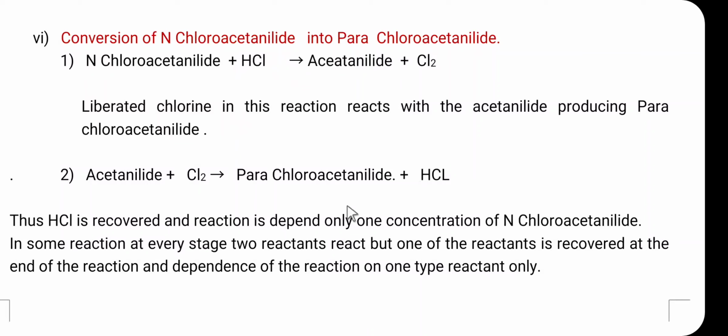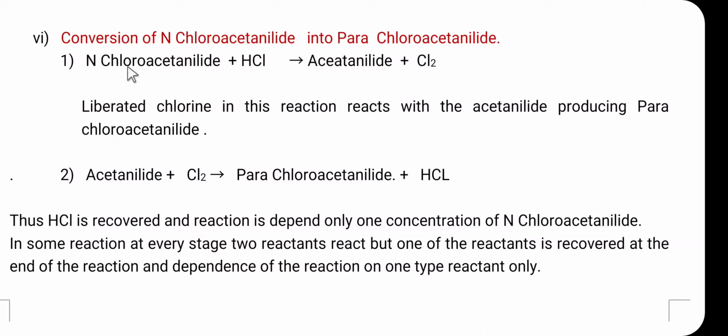So, we can say that the HCl is recovered and the reaction depends only on the concentration of N-chloroacetanilide. In some reactions, at every stage two reactants react, but one of the reactants is recovered at the end of the reaction and the rate depends on one type of reactant only.